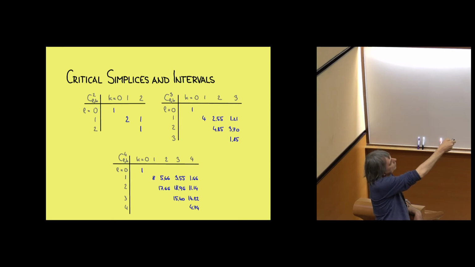So the non-critical triangles here, this is a triangle-edge pair. So I also get n edges. So from the 2n critical edges, I get n non-critical edges. So in total, I get 3n edges. And I get 2n triangles because n are critical, n are non-critical.